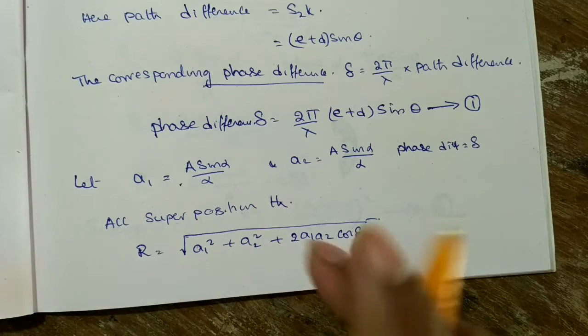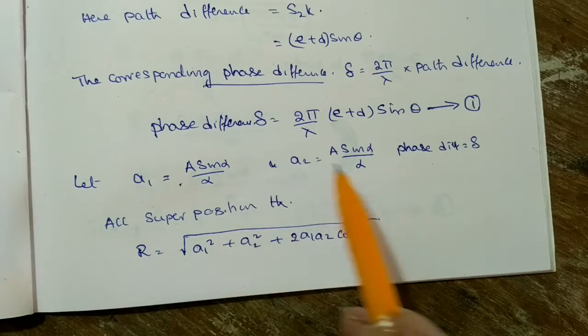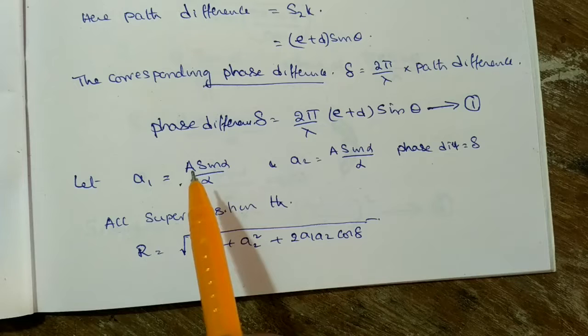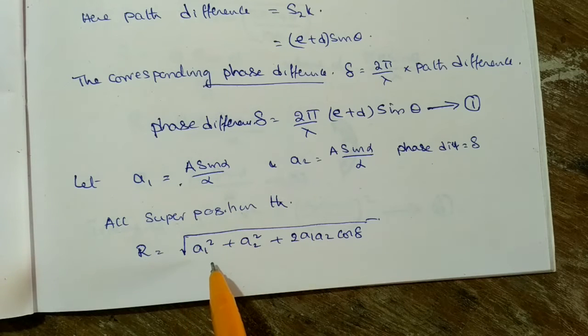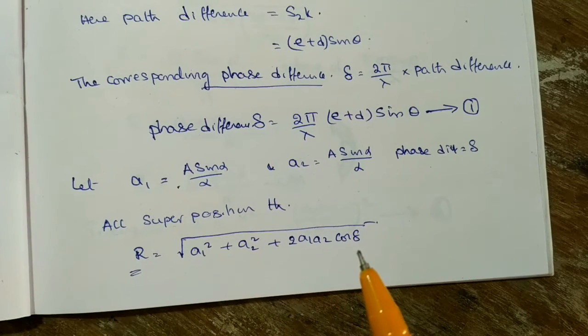This is the equation. Now we substitute the individual amplitudes of the waves in this equation, then we get the combined effect of the two wavefronts.